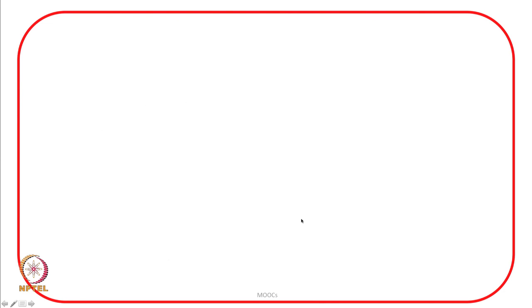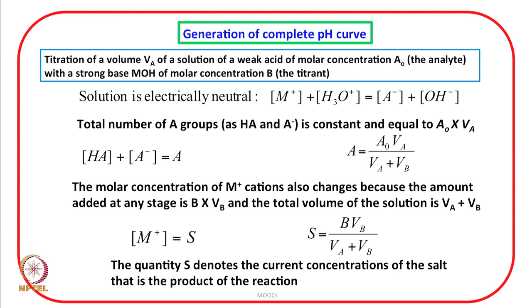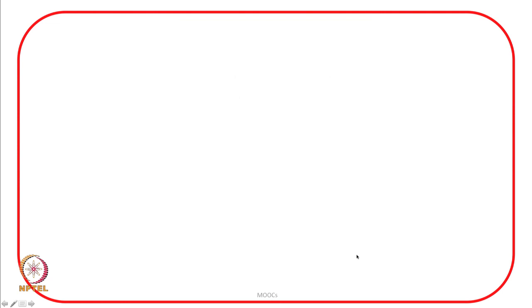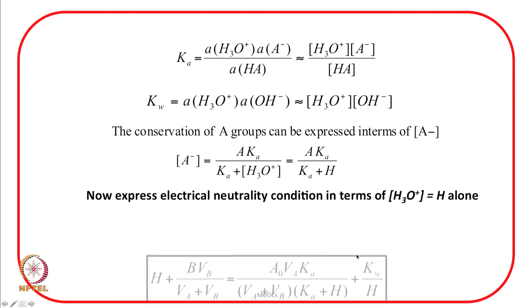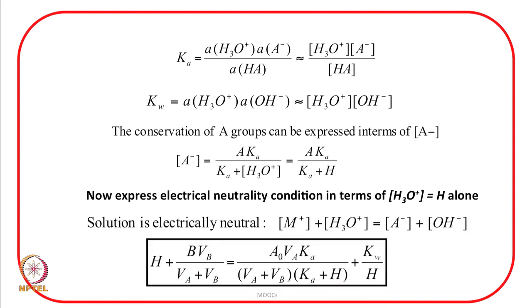Let me just go back and show you. M plus is equal to S, and S can also be written in terms of Vb and Va. Once we combine all these concentrations for M plus, A minus and OH minus, and H3O plus I write as H, I get this kind of equation.